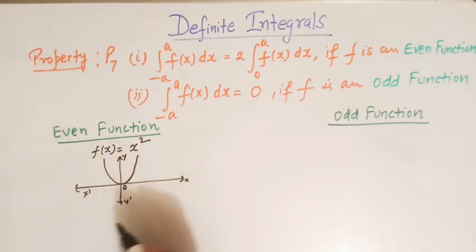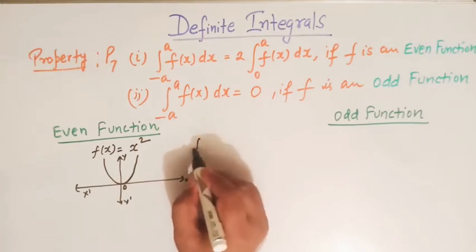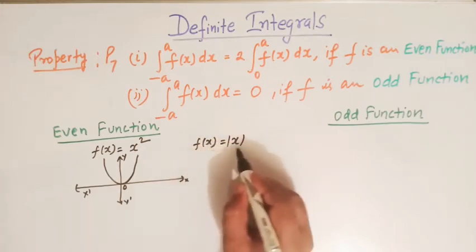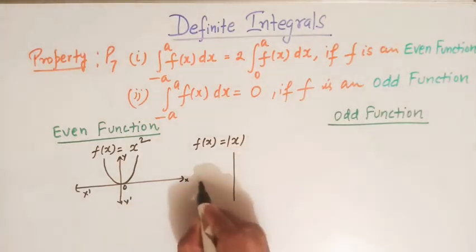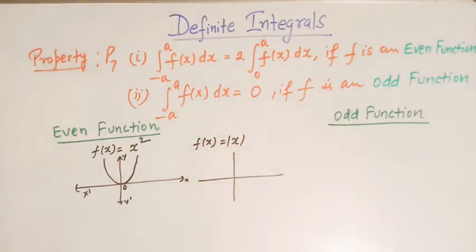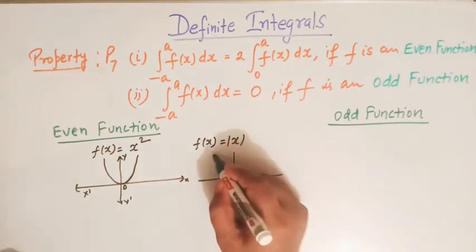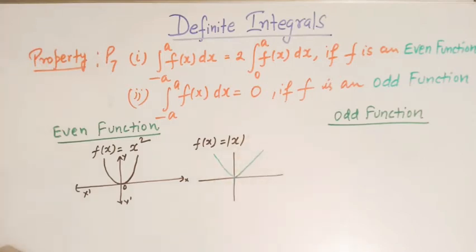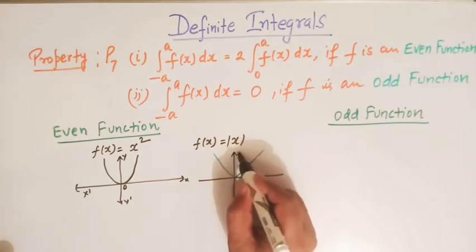Similarly, if we have the absolute value function, f of x is equal to mod x, then the graph of absolute value function looks like this, right?